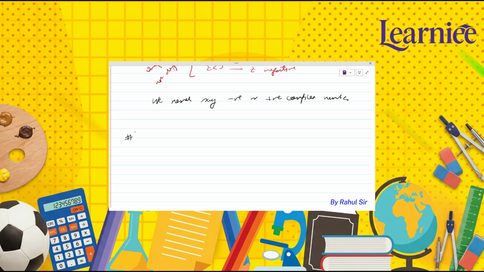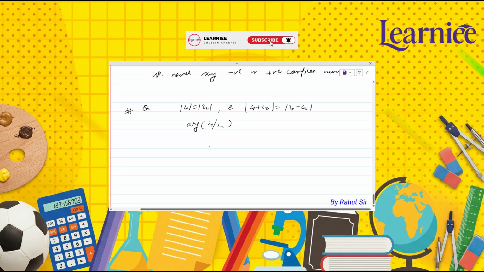Let's say a question: if z1 is equal to z2, and z1 plus z2 is equal to z1 minus z2, what is the argument of z1 upon z2?